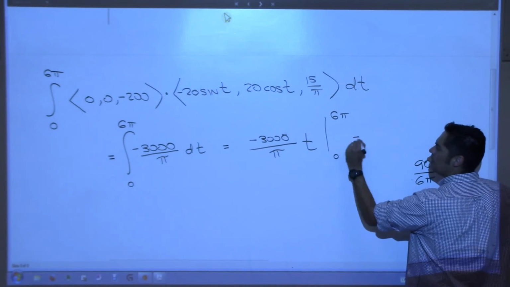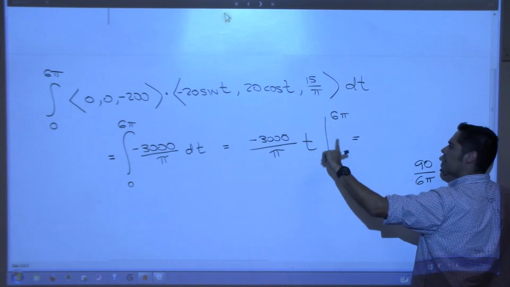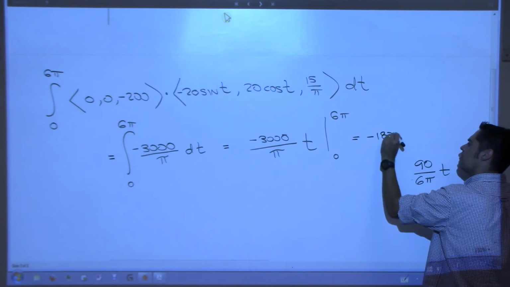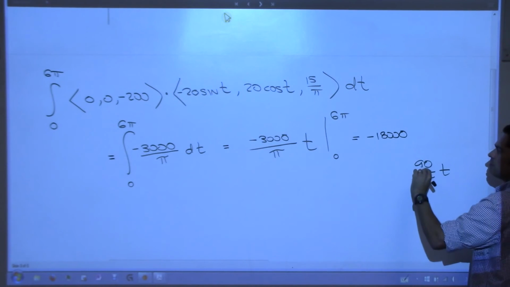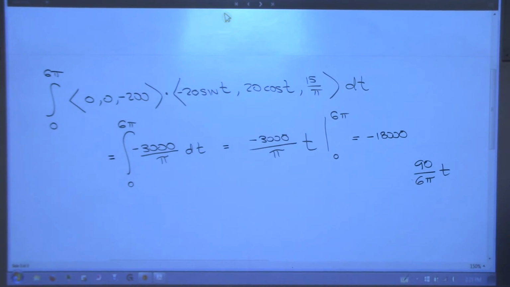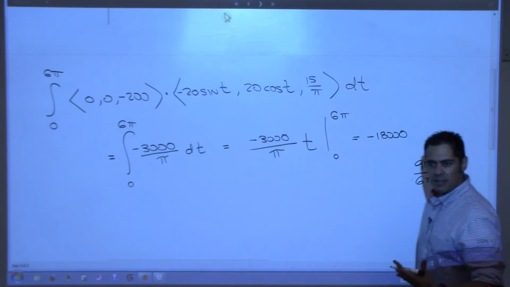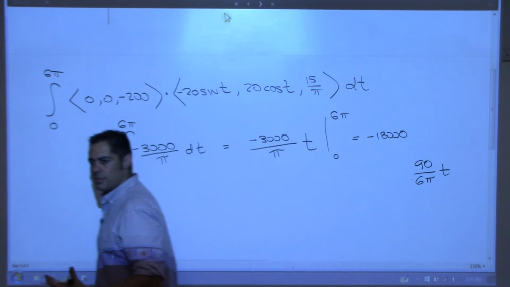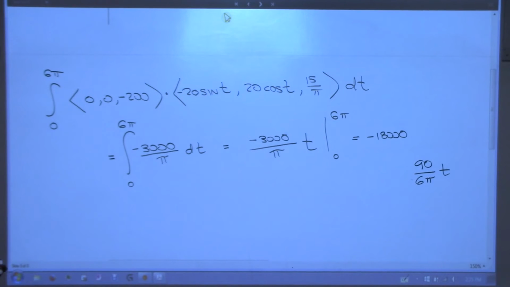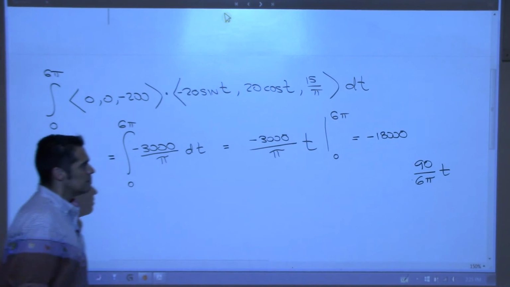Okay, now we plug in and we get what? 6 in there to cancel. Negative 18,000 minus 0. And what would that be measured in? Well, because we're measuring the silo in feet and the man in pounds, work would be foot-pounds.